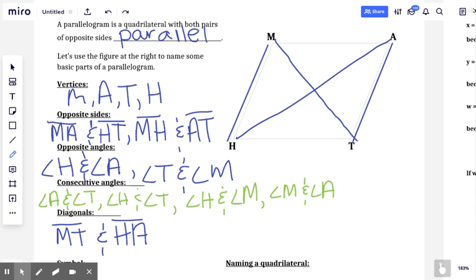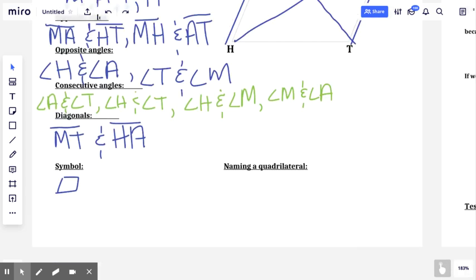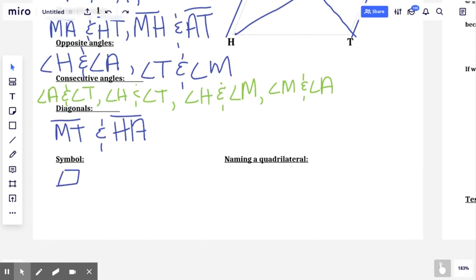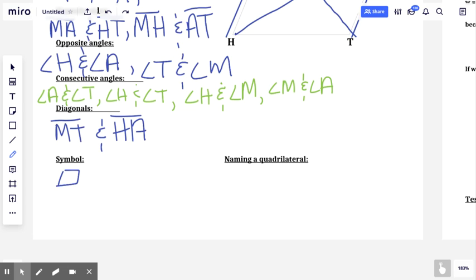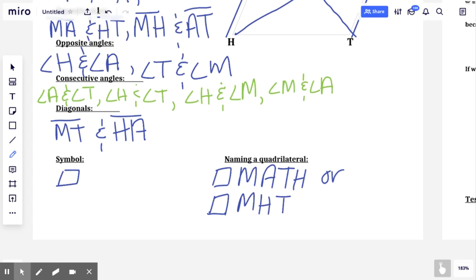So for naming, here are some examples. We said parallelogram MATH, or parallelogram MHTA.